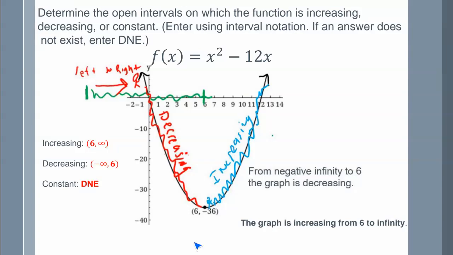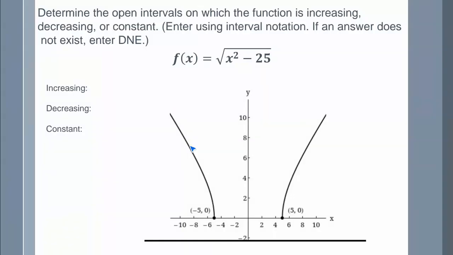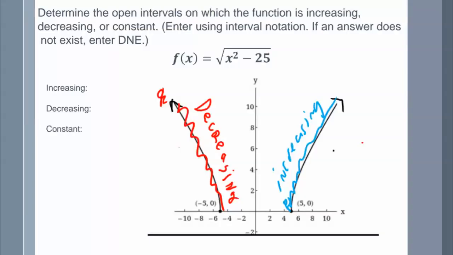Okay, let's try one more, and then I think that's the last. On WebAssign, they don't put the arrows here, but if you don't see that, these are going to infinity here. Okay, so let's check. So my graph here, if we're going from left to right, the graph is decreasing, right?